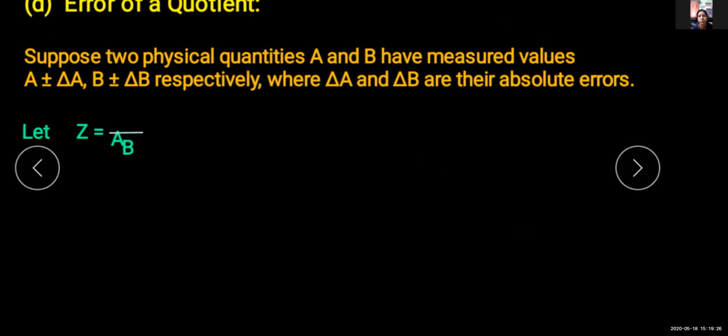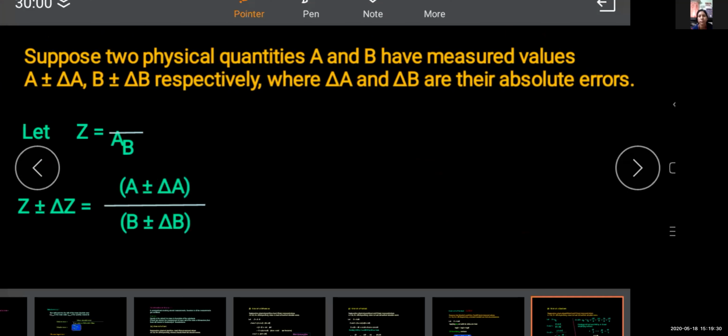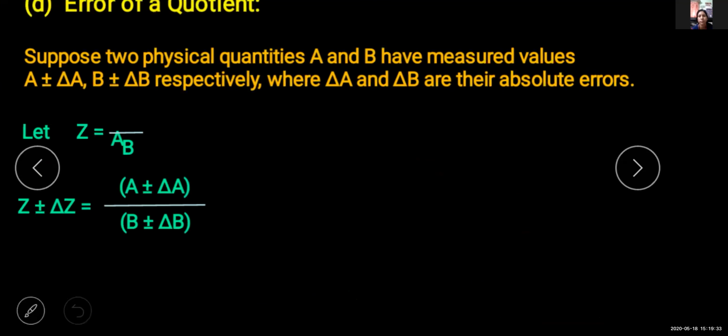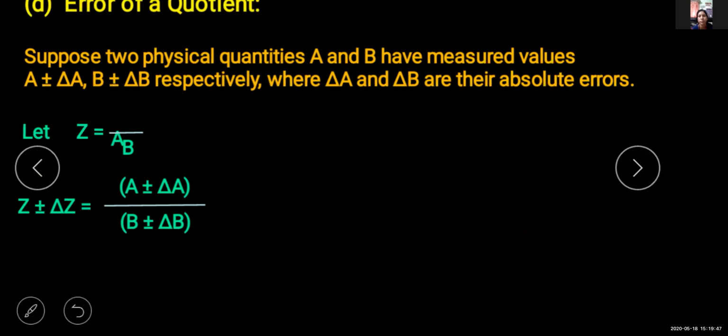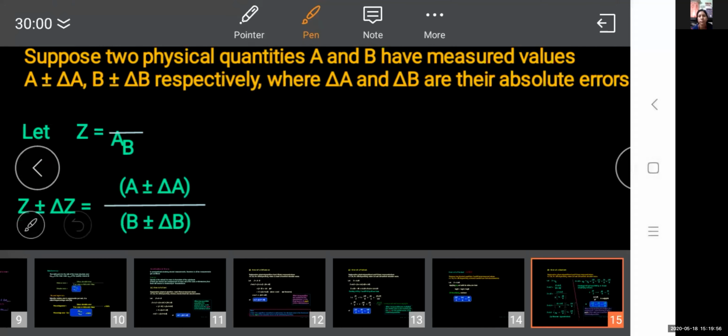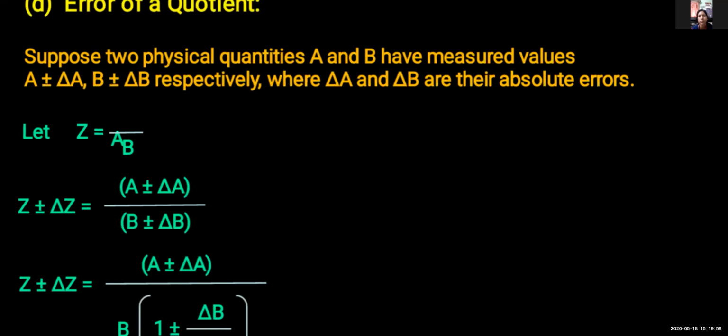So Z can be written as Z equal to A upon B, A divided by B. Okay. Or we can write Z plus delta Z equal to A plus delta A upon B plus delta B.